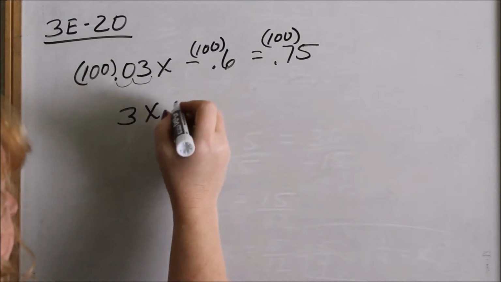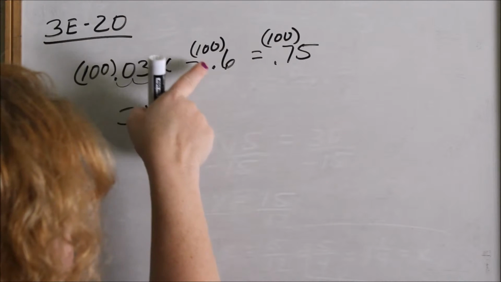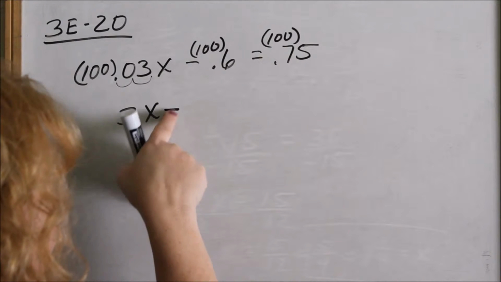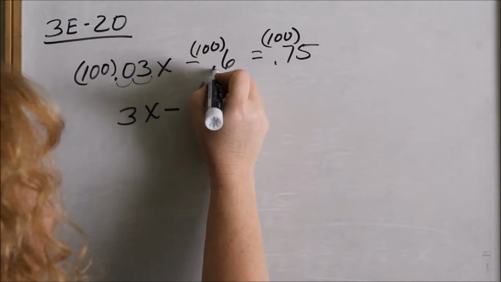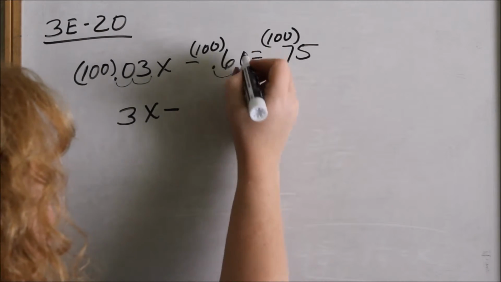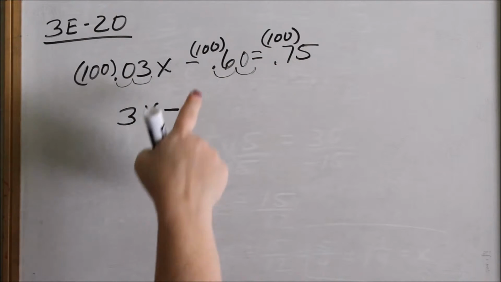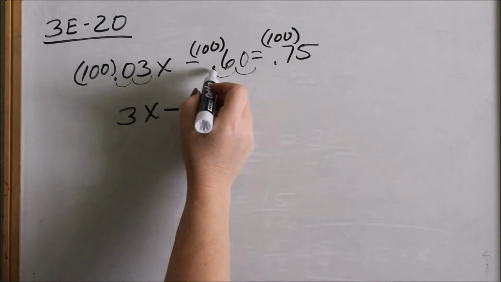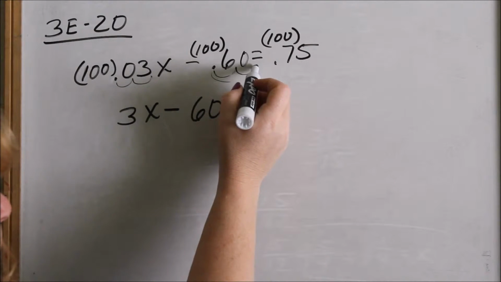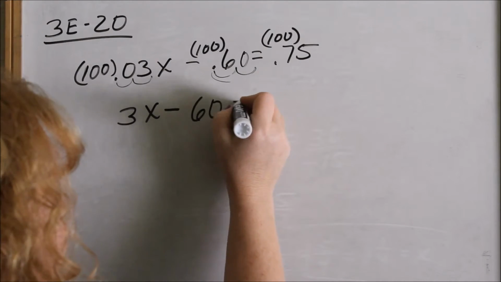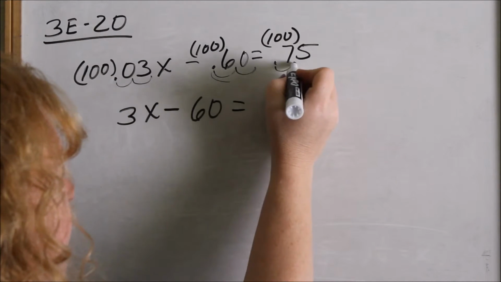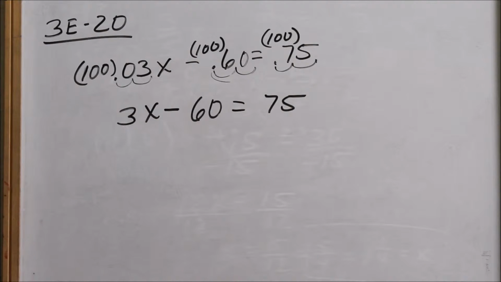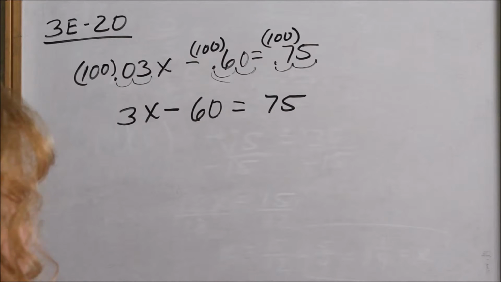Don't forget your negative, because a negative 0.6 times a positive 100 is still negative. 100 times 0.6 moves my decimal place over twice, which means I have to put a 0 there as a placeholder. 100 times 0.6 is going to be 60. 100 times 0.75 moves my decimal place over twice, becomes 75. Again, if you feel more comfortable, do this in your calculator to prove it to yourself.